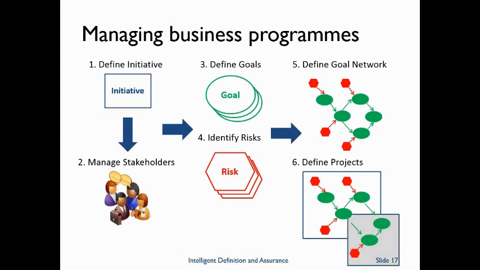So we need to partition out the goals and risks for subsets of the overall initiative to implement projects that will go out and deliver. So this is how a business program might end up creating multiple projects, some agile, some not so agile, some business, some technological.